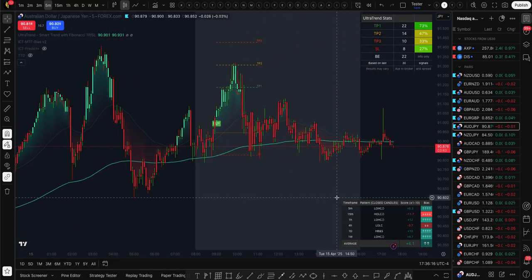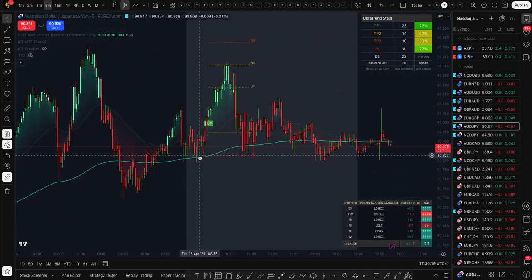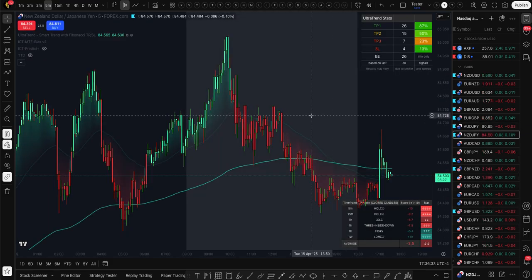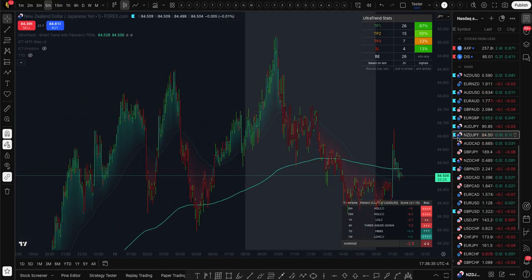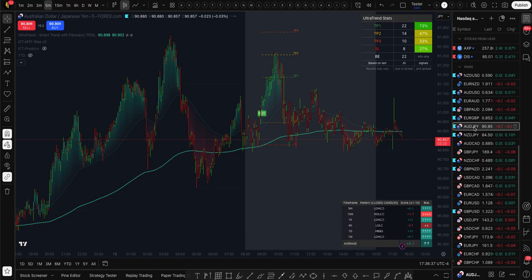On this one it did print a buy, but I would have not taken it, even though it did hit TP2, then retrace back down. I would have not taken it because we're just horizontal right here, right? We are moving sideways, so I don't like that. It's a pair that I would be watching for sure because of the percentage that it was. JPY, right? It was 73, so I would watch it, but I would have not taken that.